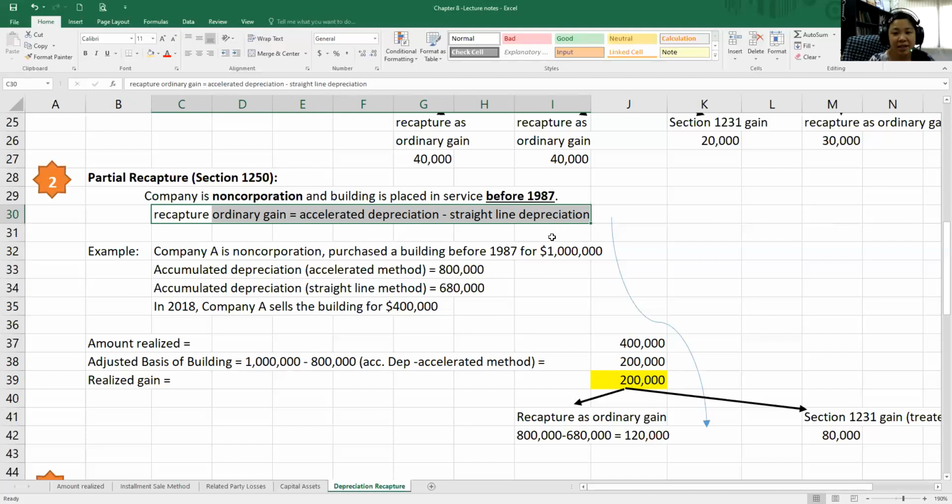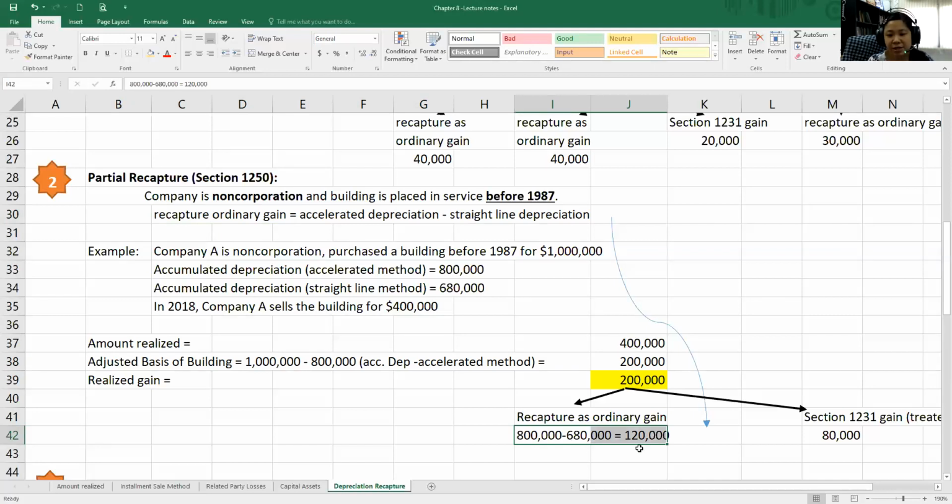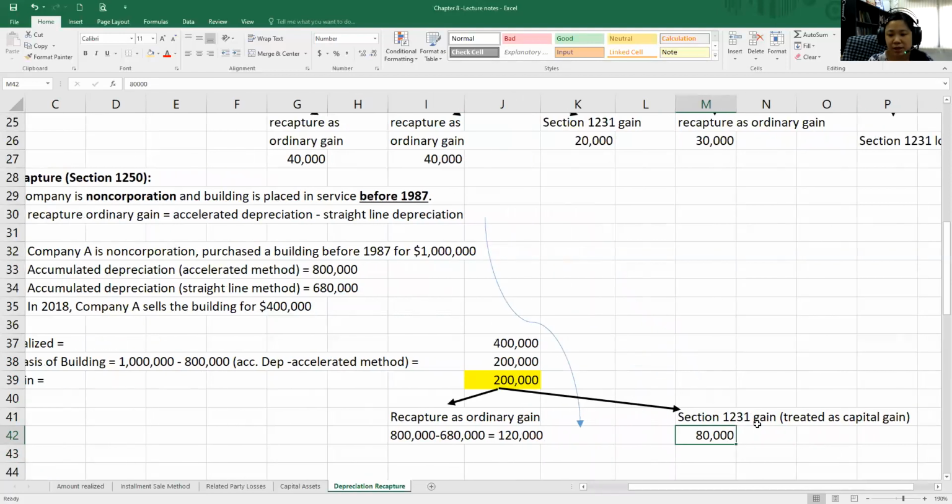Accelerated depreciation is 800,000, and we minus accumulated depreciation for the straight line method, which is 680,000, and that will give us 120,000. So this 120,000 will be ordinary gain, and the rest, 80,000, will be treated as section 1231 gain, or capital gain.